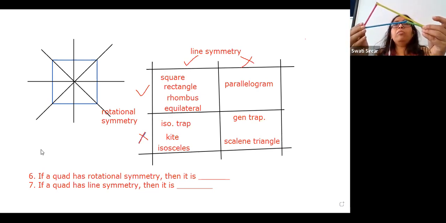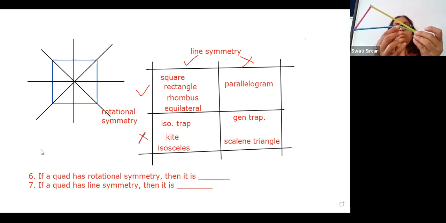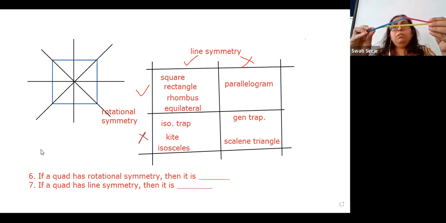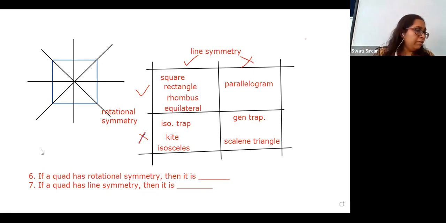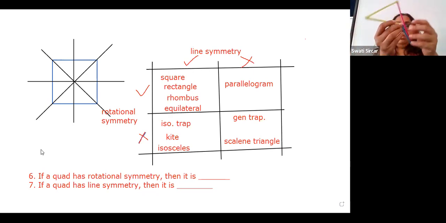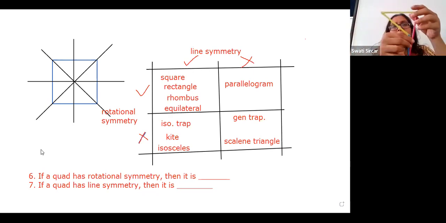The dark green and the blue have the reflex angle. The other way is not possible. Let's try something else. This is definitely possible.